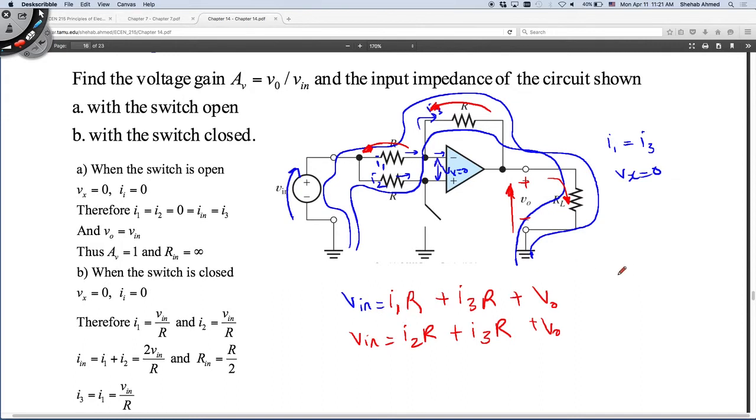It's equal to I1. So I1 is equal to I2 is equal to I3. What else do we know?